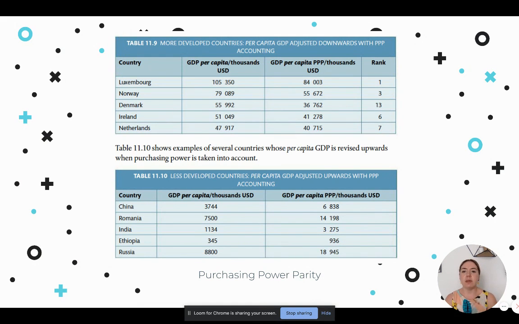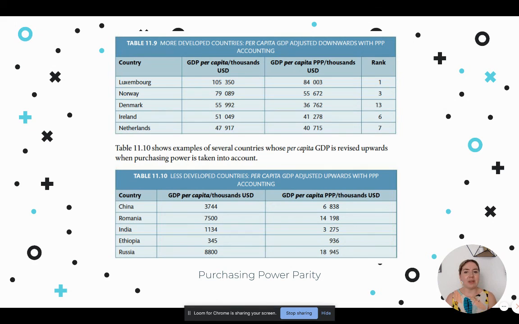Now, if we look at the top table, that top table reflects countries that are generally more developed, okay? And we can see that the purchasing power parity pulls down their GDP per capita. This is because in those countries, the cost of living is higher. Generally speaking, the more developed, the higher the cost of living, so the less far their dollars go, all right?